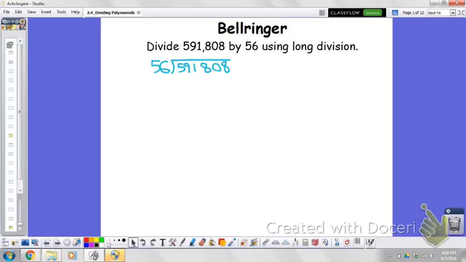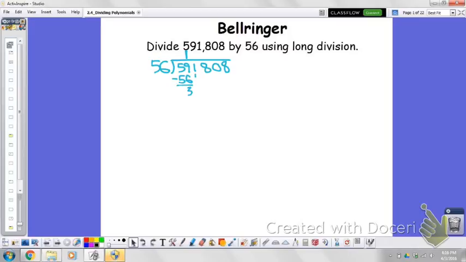Well, 56 goes into 59 one time, so we write a 1 above the 9. And then you multiply 1 times 56, that gives you 56, and you write that below the 59. Now you subtract that 56 from the 59, and you're left with a 3.